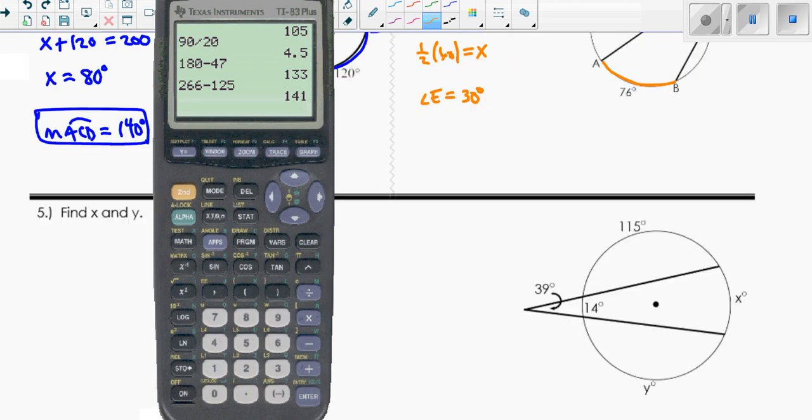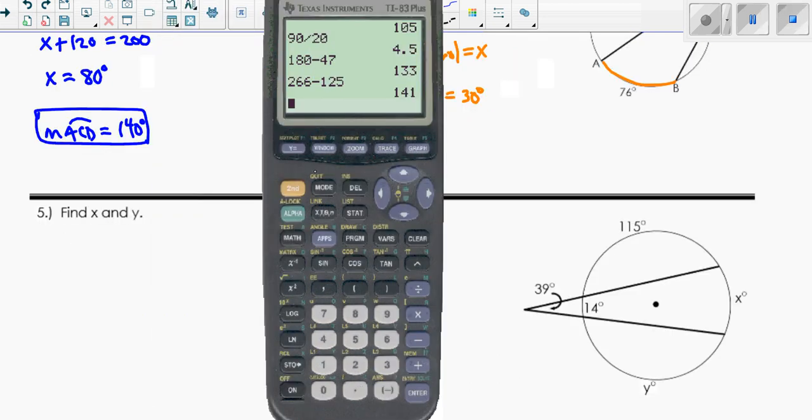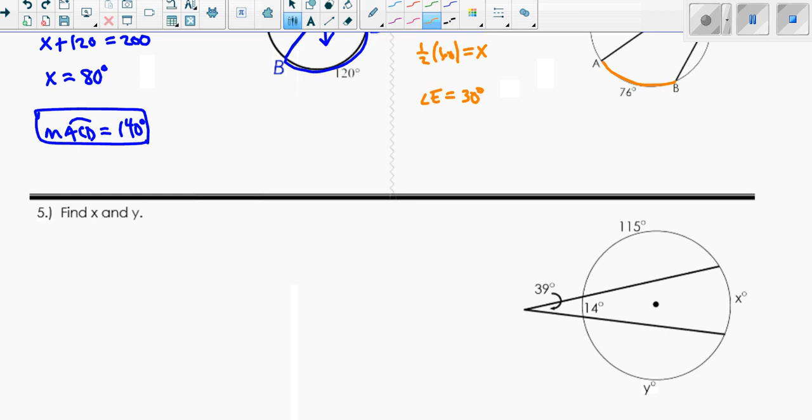Okay, let's try another one. Let me get rid of this. All right, I want to figure out X and Y. So, notice that X is an arc. We have this arc, we have this arc, and we have this angle that is outside.